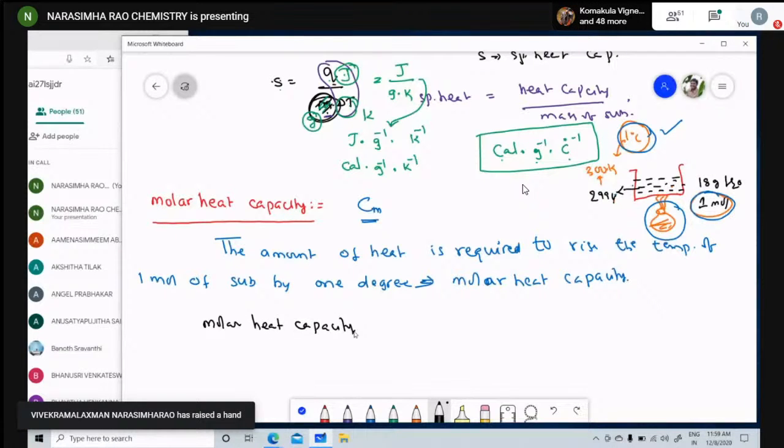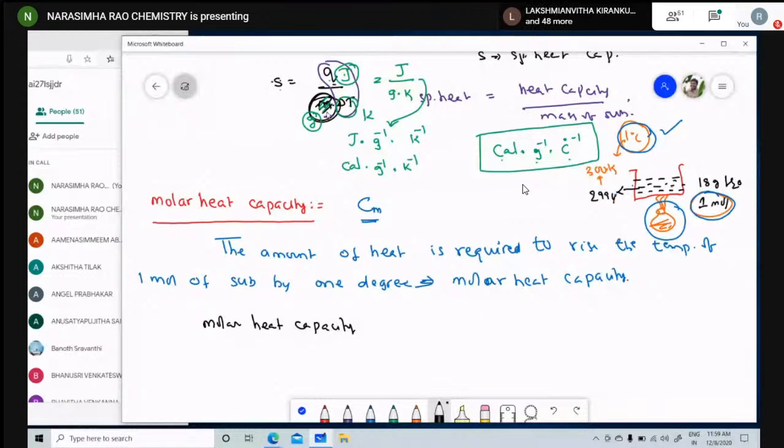Okay, now if you are taking mass as 1 gram, then heat capacity equals specific heat capacity. If mass is not taken as one particular amount, it becomes this one. It's clear.